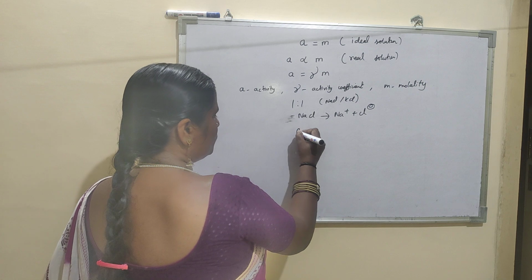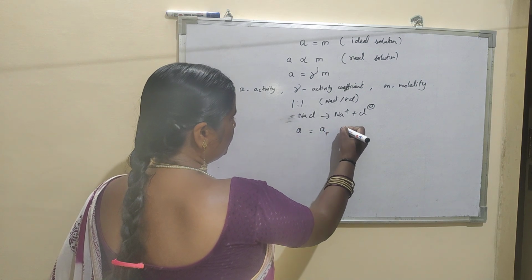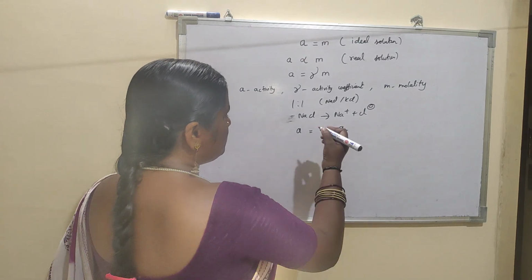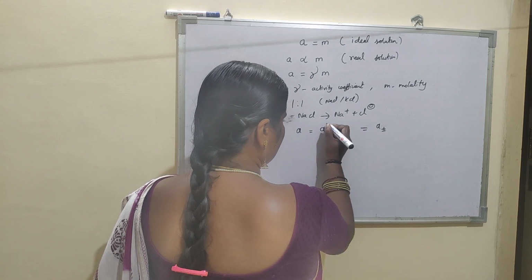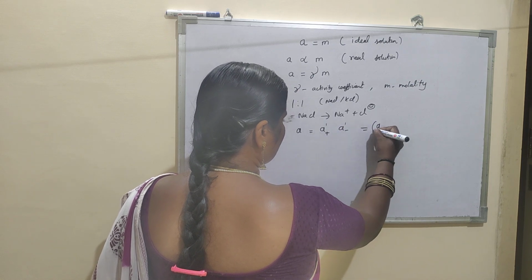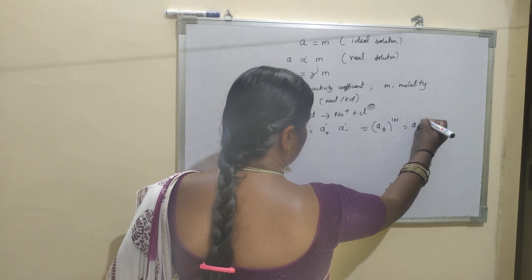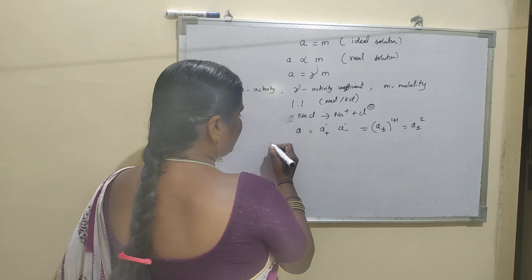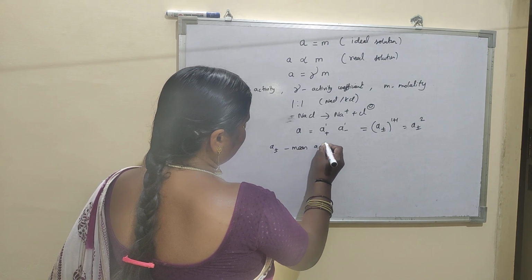Okay, so the total activity will be activity of the cation into activity of the anion. So when I combine both of these, it will become A plus or minus. So this is power 1, this is power 1. So you have to add the powers. So that will be A plus or minus square, where A is the activity, A plus or minus is the mean activity.